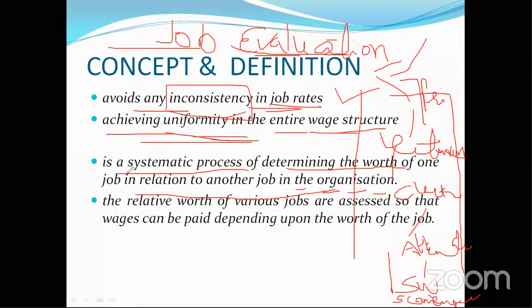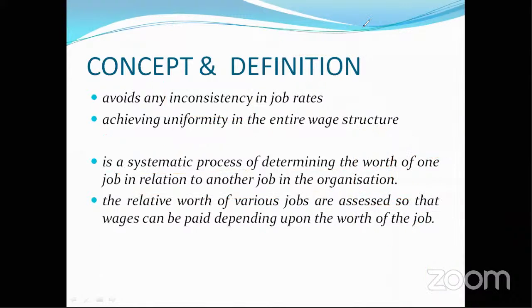The relative worth of various jobs is assessed so that wages can be paid depending upon the worth of the job. Okay, without job evaluation, you cannot fix salary. Please understand, with job evaluation only, you can fix salary.